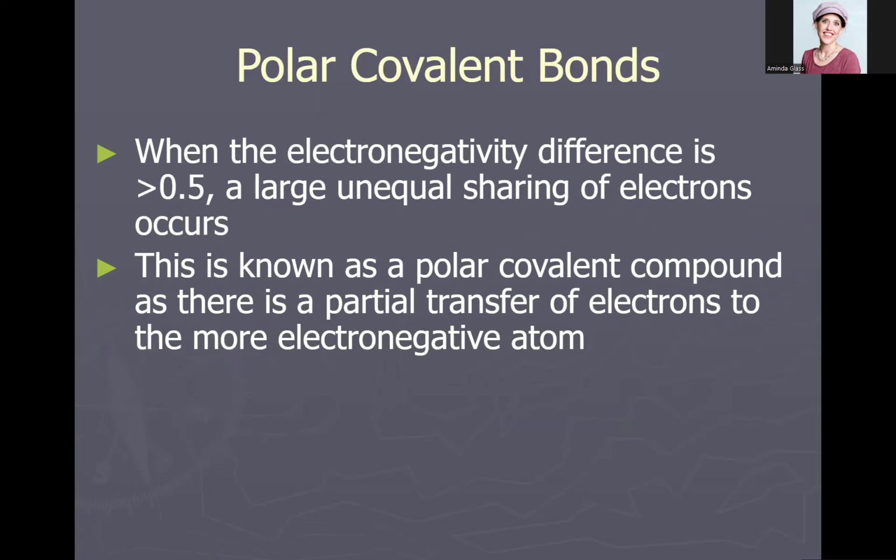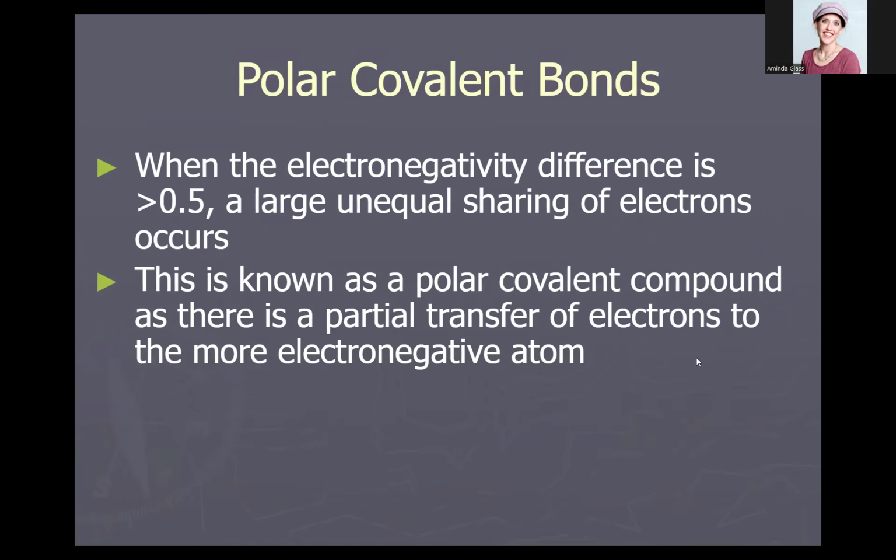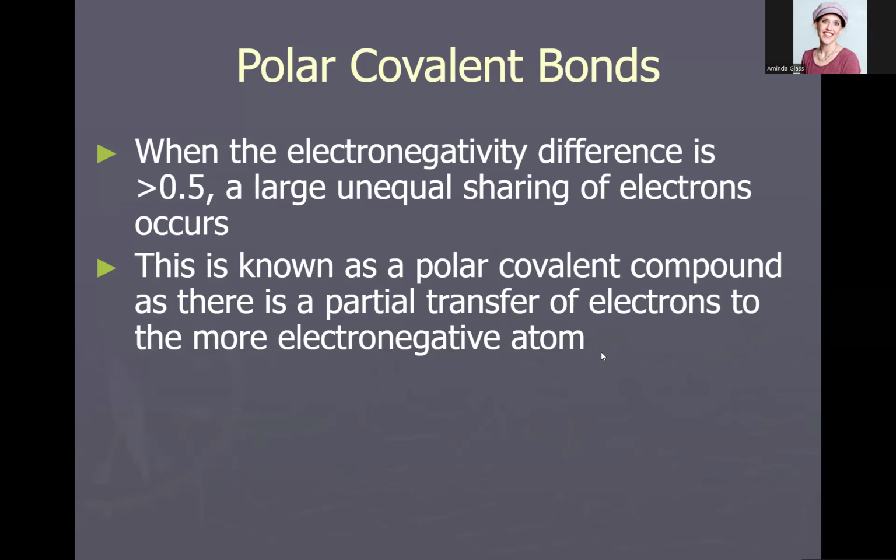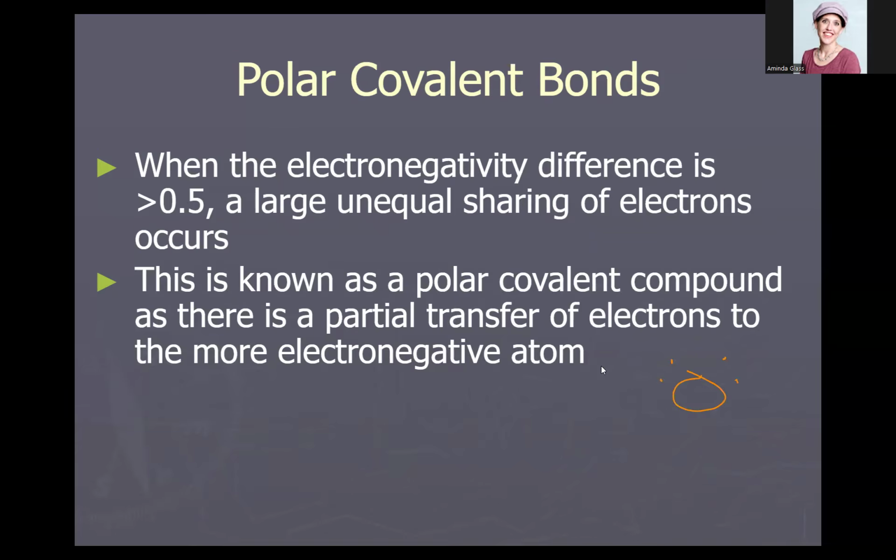It's called a polar covalent bond because you actually have a partial transfer of electrons to the more electronegative atom. So let's look at a water molecule, for example. This is a polar covalent bond.